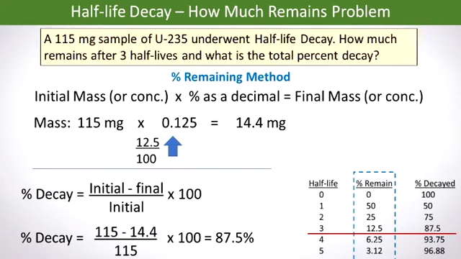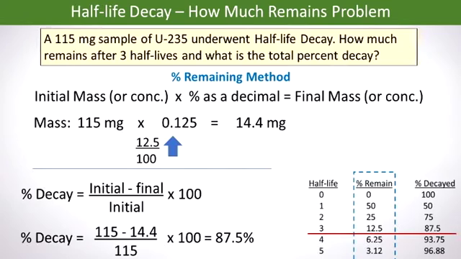If we were to take a look at the percent decay, it would be the initial minus the final divided by the initial times 100. Therefore, for this problem, we would take 115 milligrams minus 14.4 milligrams divided by 115 milligrams times 100 to give us 87.5%.